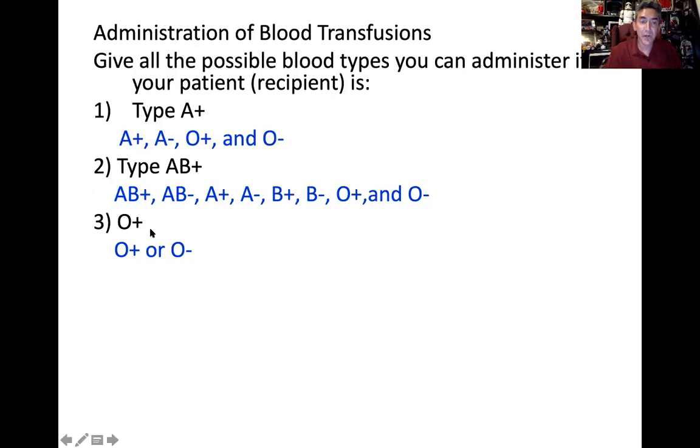So again, it's positive, so we have both the positive and the negative Rh that can be received. Now, if it had been O negative, the universal donor, they would only be able to receive the O negative blood. But if it's O positive, they can receive positive and negative.